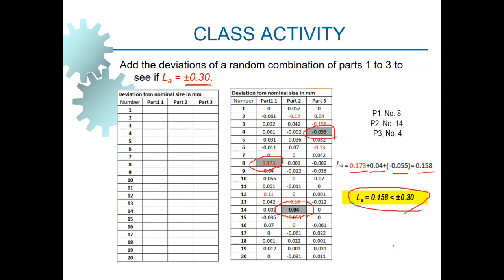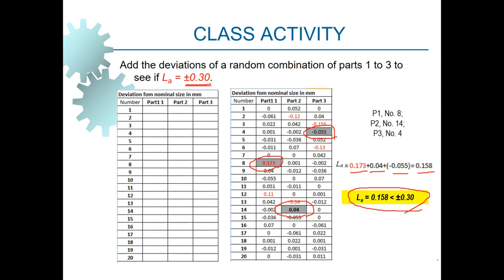So I have not scrapped part number 8 in the first pallet, and I have used it in my assembly. And in the end, I have assembled 3 parts together, and it is well within the assigned value of the tolerance for the whole assembly.